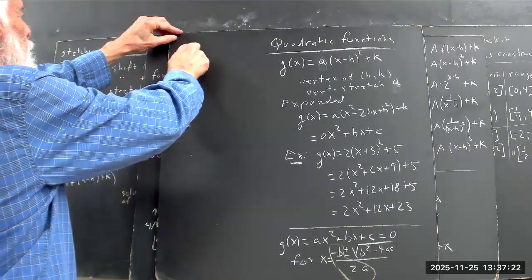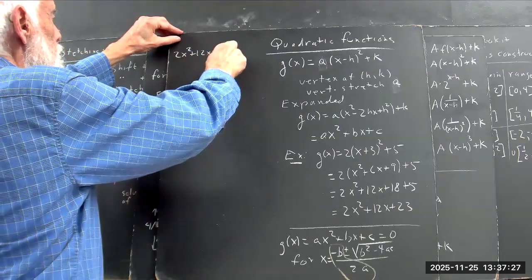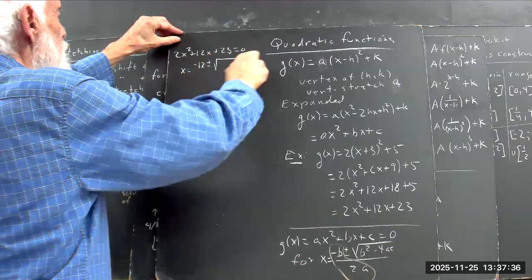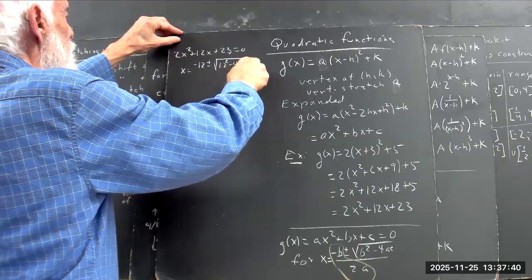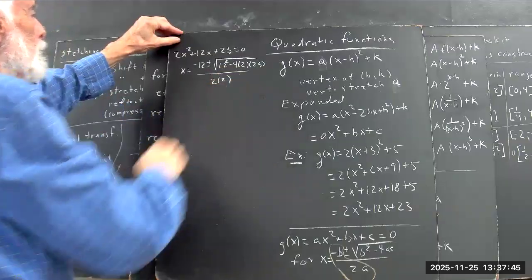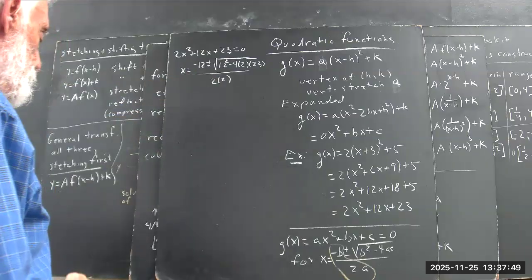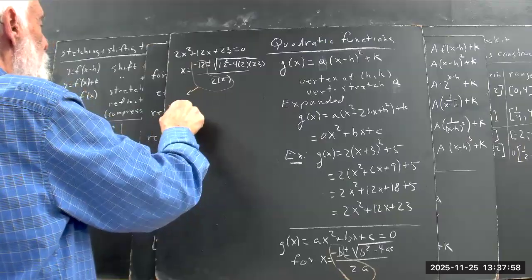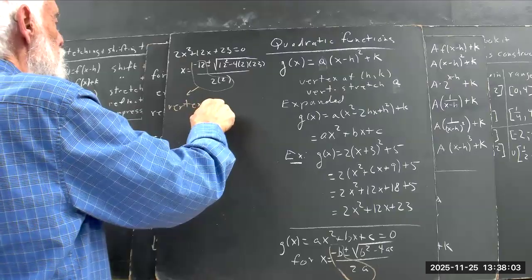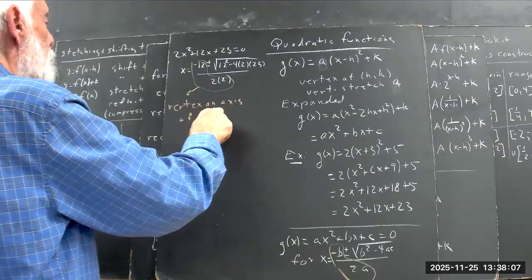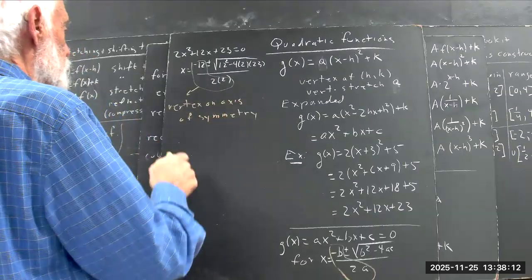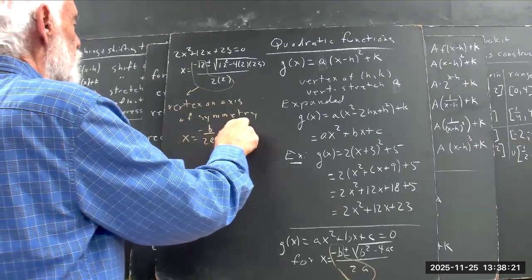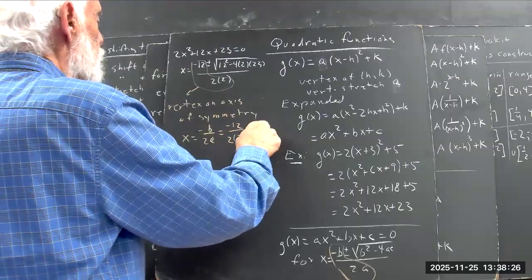So here's the quadratic formula. First thing it tells you: the vertex is on the axis of symmetry, x equals negative b over 2a, which is negative 12 over 2 times 2, which is negative 3.